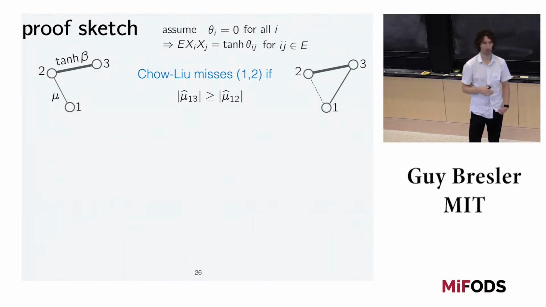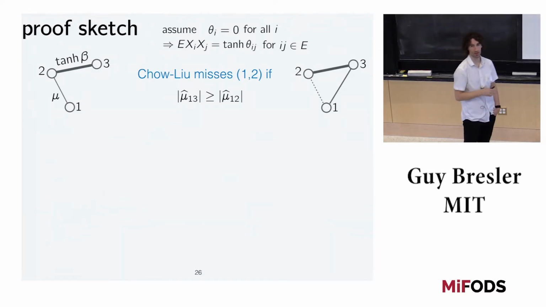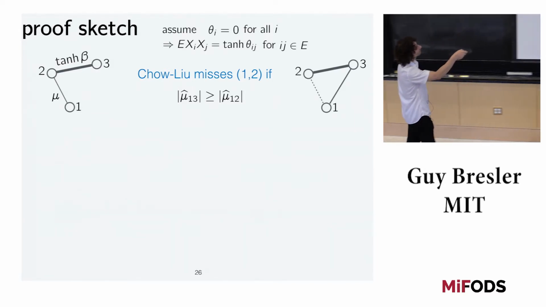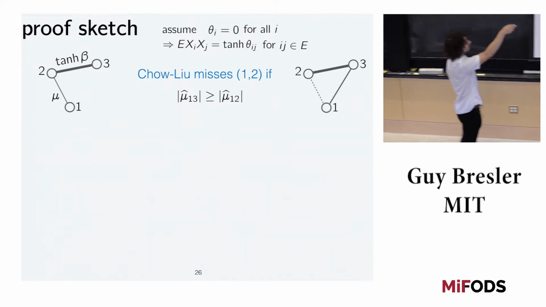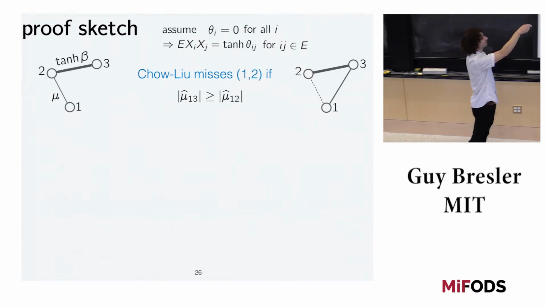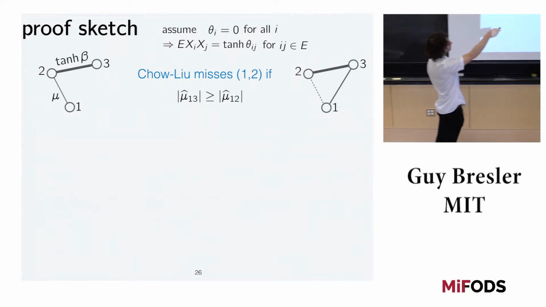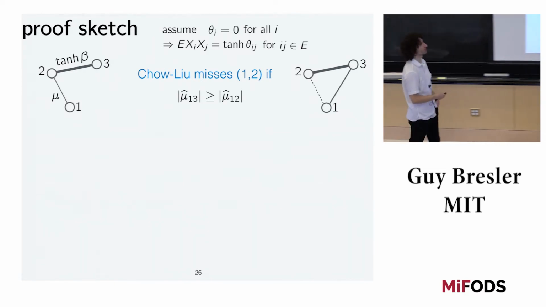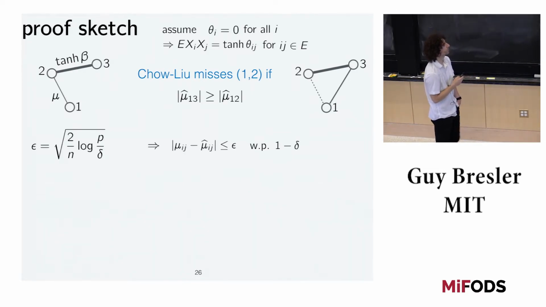So I'm just looking at empirical correlations instead of empirical mutual informations. Chow-Liu messes up if this edge, which doesn't show up, appears to be stronger than this edge, which is the true edge. This happens if the empirical quantities are ordered in the reversed way.